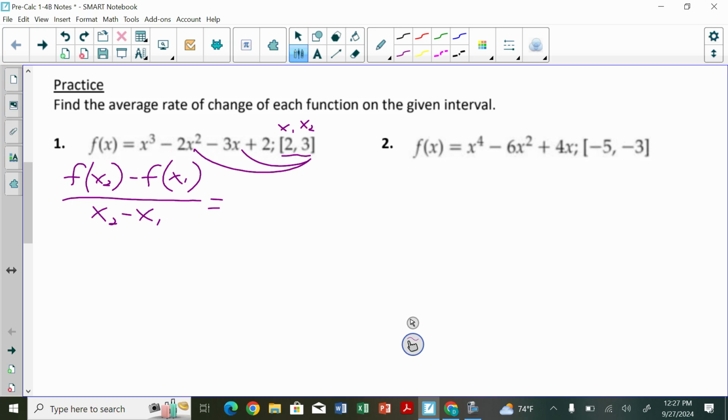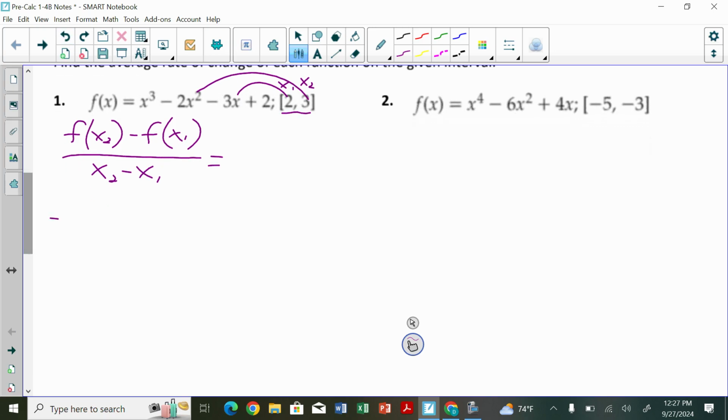We can do it whatever way you like. We can write it all out as is, or you can evaluate as you go and plug those in first. So let's do it both ways. We'll do one example of each. The first way is we're just going to use this whole fraction.